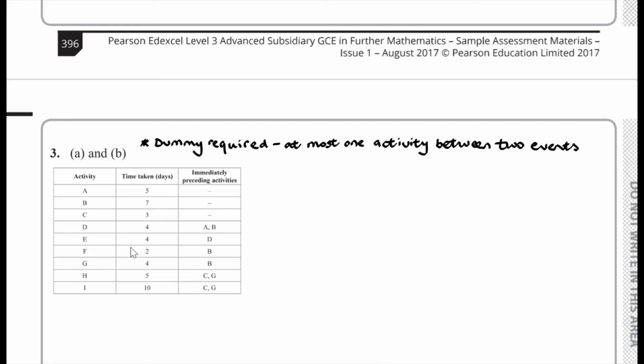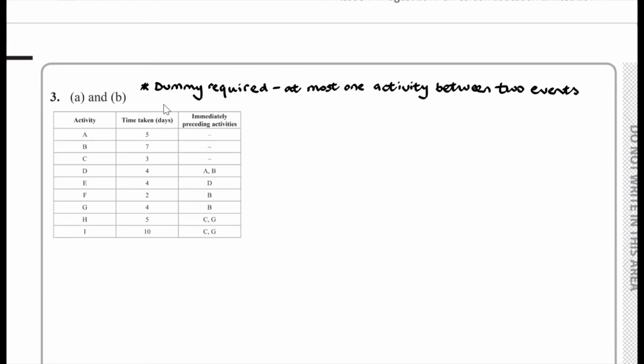So I've just copied the table into the answer book, and remember the definition of a dummy. We require a dummy when we have at most one activity between two events. Now, if you look at A, B and C, they depend on nothing. So we have A, B and C. Okay.